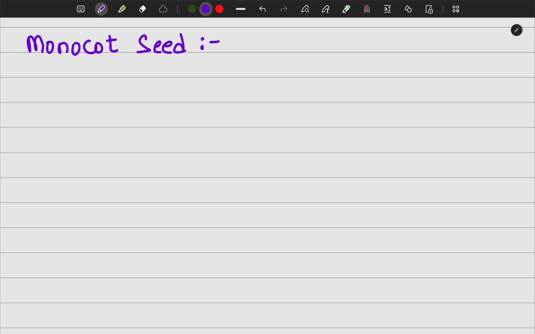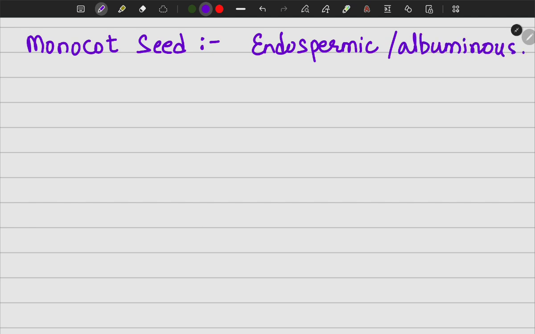So monocot seeds are endospermic, or albuminous. But there are some exceptions like orchids. So orchid seeds are non-endospermic.